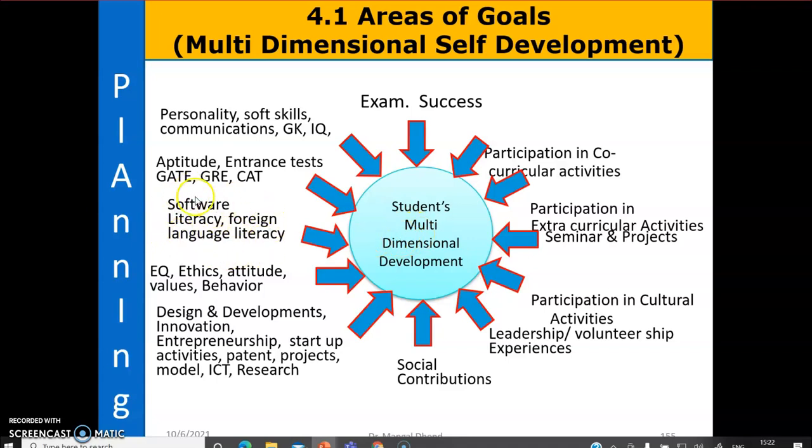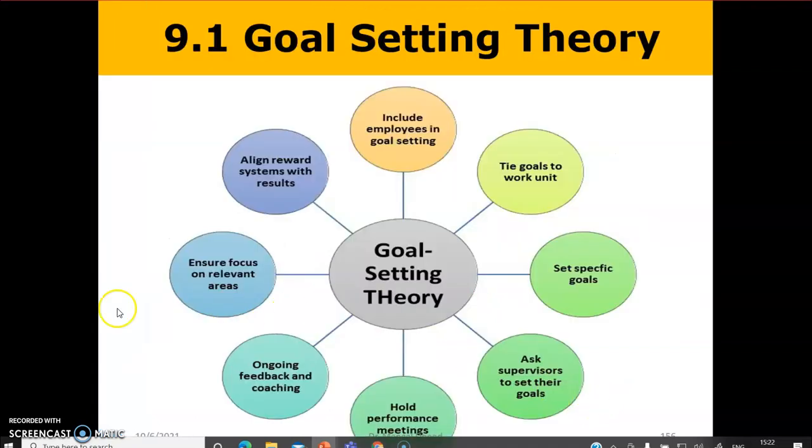Then you have to plan for software languages, programming, and foreign language literacy also, if you are interested in going abroad. And for your personality: soft skills, communication, GK (general knowledge), and intelligent quotient, you have to set these goals. Today I request at least the students who are doing this goal setting to see all these areas. Teachers also, I have taken a different diagram. So focus on those goal areas.